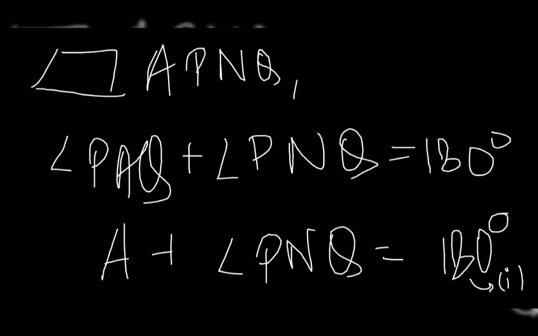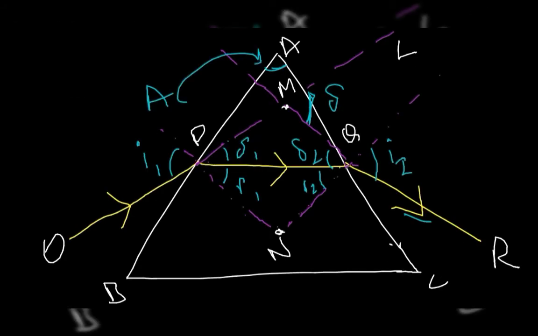Now, in this diagram, let's revisit this diagram. If you would see very clearly, this line and this line are intersecting lines. So what can I say about these lines?